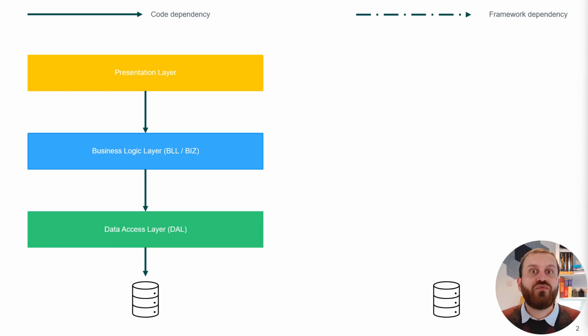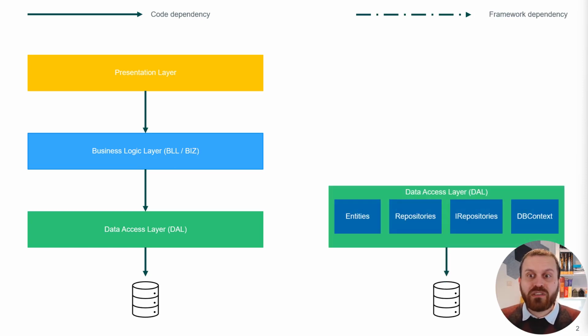We should start with the database. We call this N-layer application data-centric because our mindset forces us to create a database first, design the database, create the tables, and then out of the tables, create the entities.